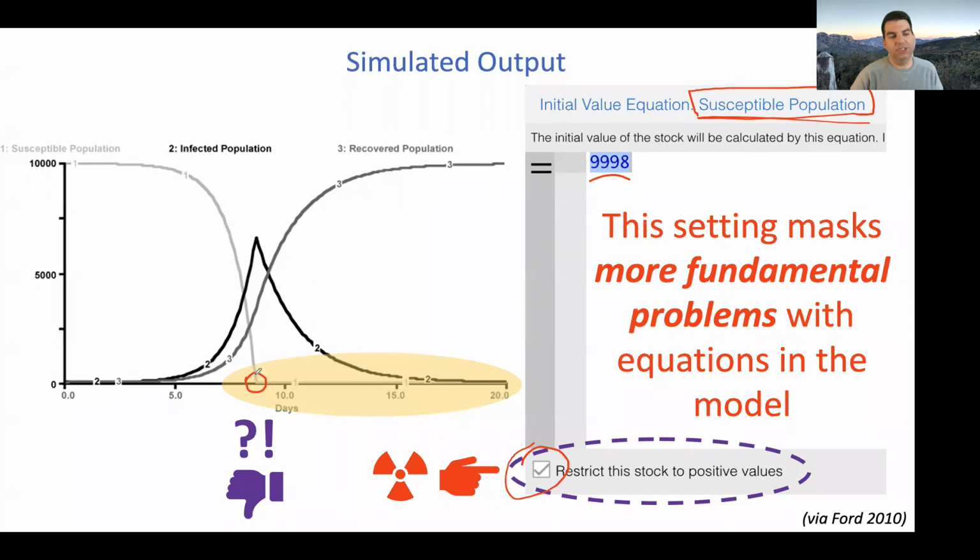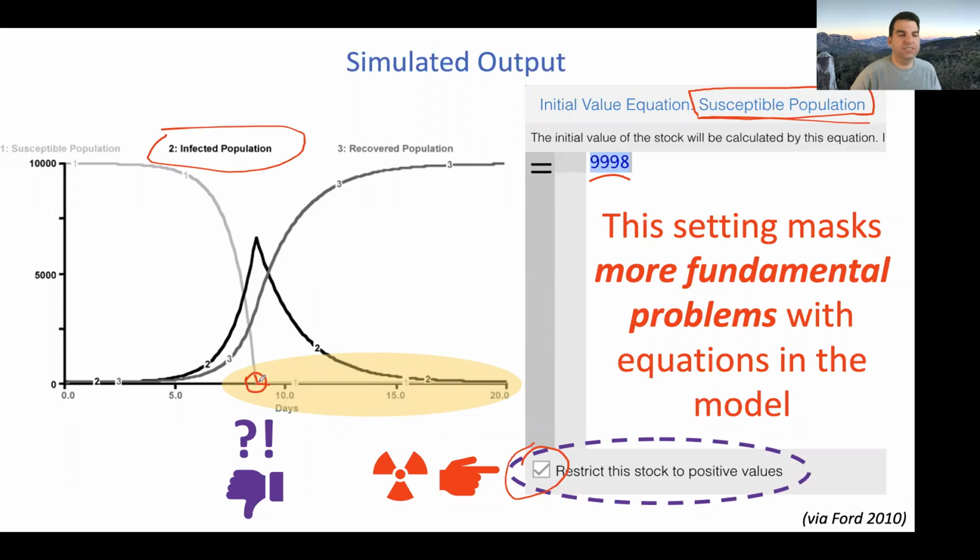And at this point where there's this sharp corner, that's Insight Maker or Vensim or Stella artificially saying you can no longer take any more out of the susceptible population. And that will, as a side effect, stop the infected population from growing.